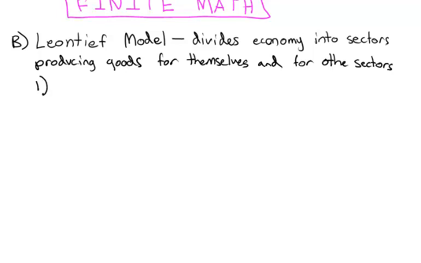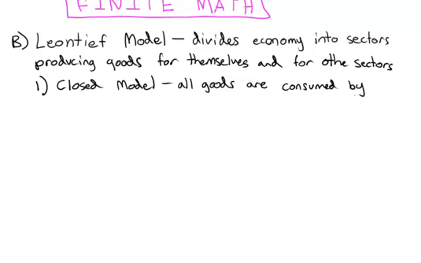Now we're going to look at a very simplified version of this to start off with, called a closed model. And in the closed model, all goods are consumed by the producers. There is no outside demand on any of this work.